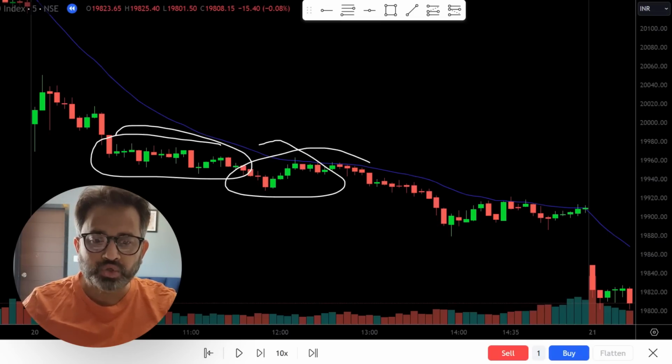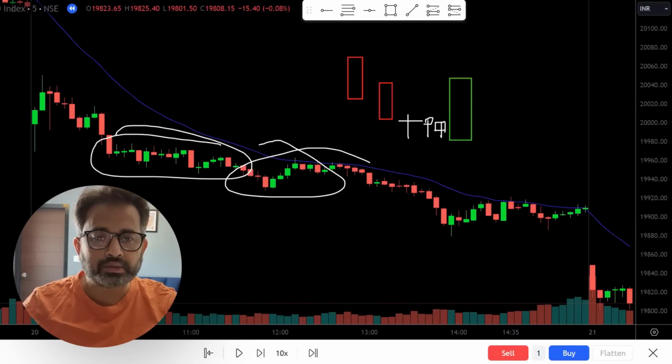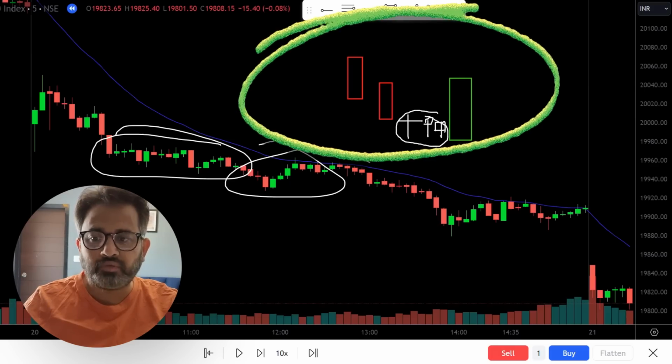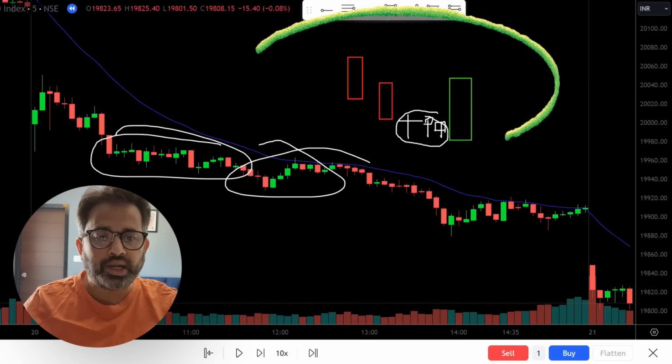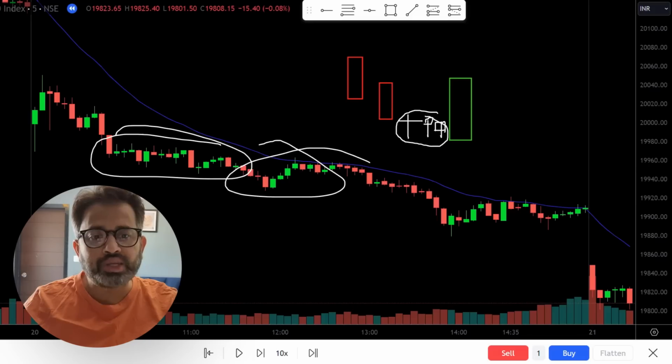Instead, you should always look for a full body candle. Only a full body candle will tell you that momentum is shifting from sellers to buyers. So how do you know when momentum is shifting? After a down move, you should always look for candlestick price action.